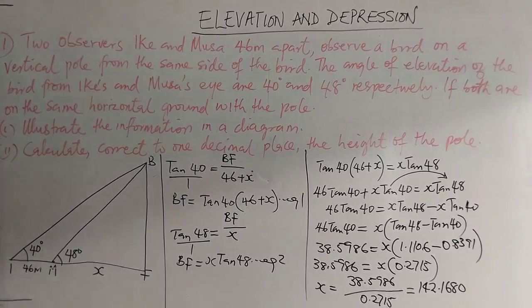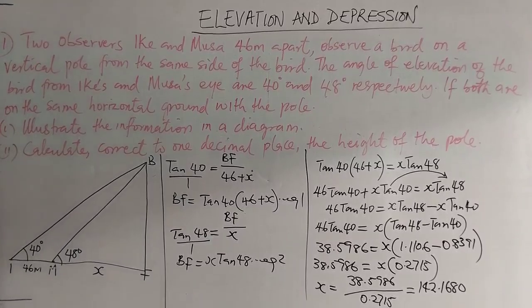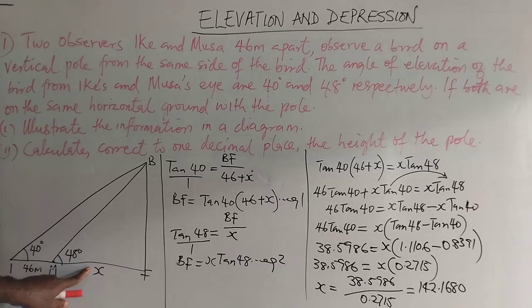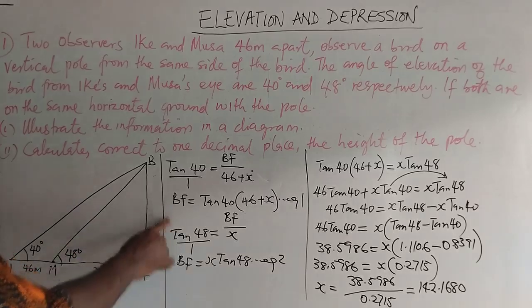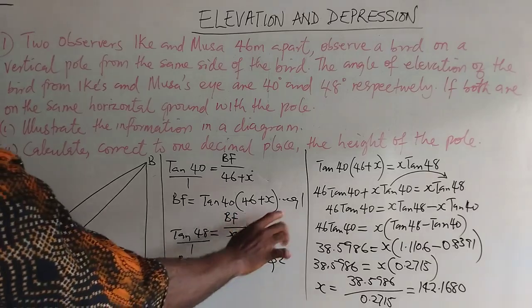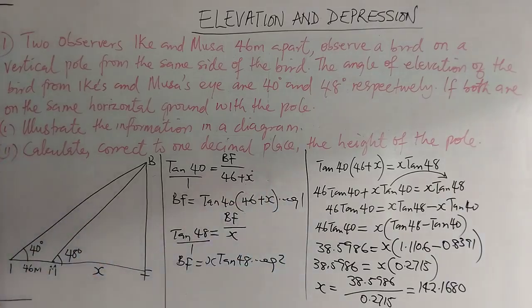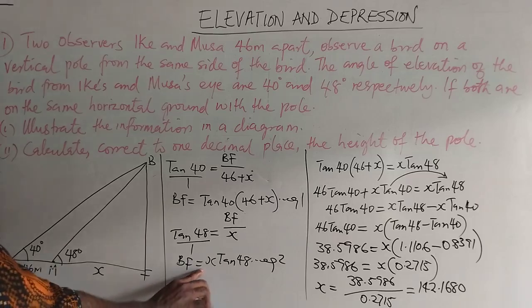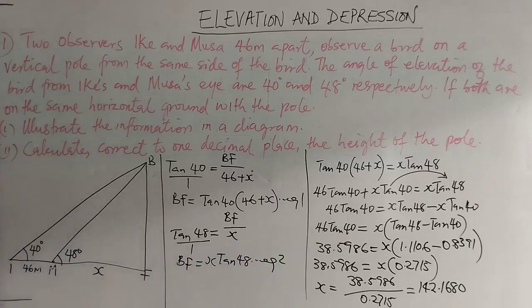So this is our x, but that's not the height of the vertical pole. Now, we have two equations which can help us get the height of the vertical pole. Either of them can give you the final answer. Now, equation 2 appears simpler than equation 1. Let's use it to get our final answer.